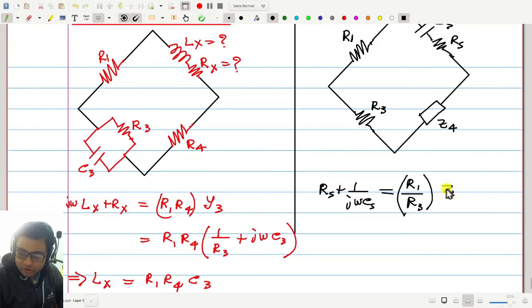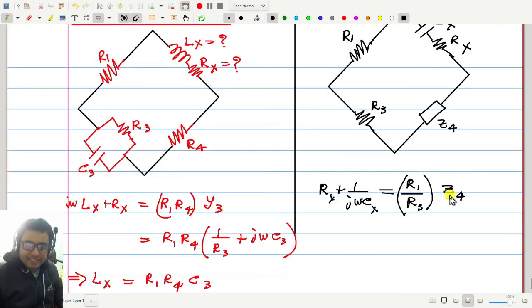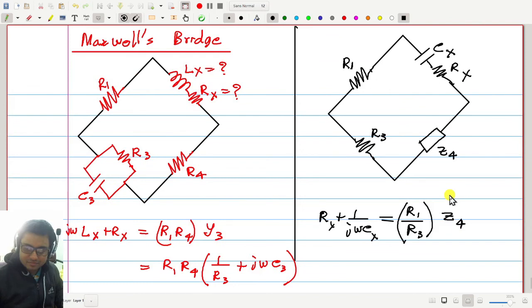So Z4. Now what would you like to choose in place of Z4? By the way, let me write X for unknown. What would you like to take in place of Z4 to get an easy balance equation? Any suggestion? Resistance and capacitance.